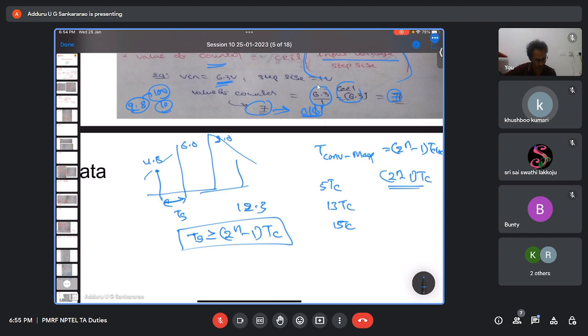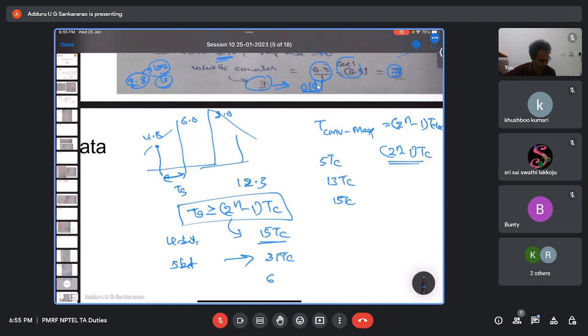You got it, right? Suppose it is a 4-bit counter, then what is the 4-bit ADC? Then you will have 15 TC. If it is a 5-bit ADC, then it is 31. 6-bit means 63.